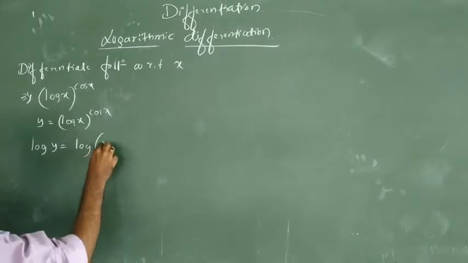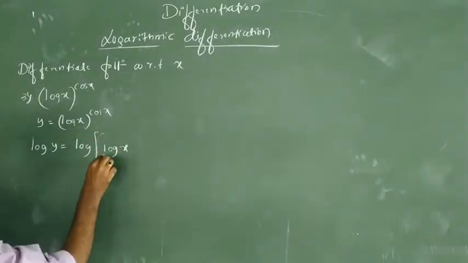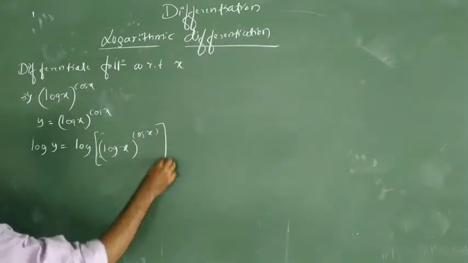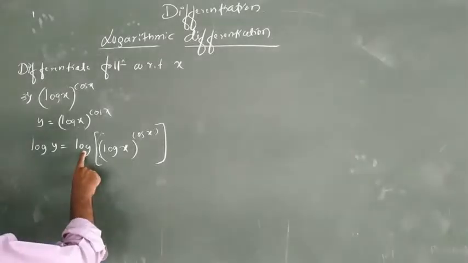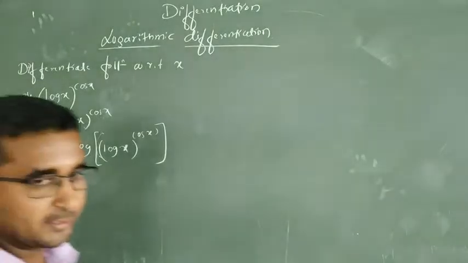Log of log x whole raised to cos x. So now it is in the form of log of log x whole raised to cos x. What are we going to apply again?